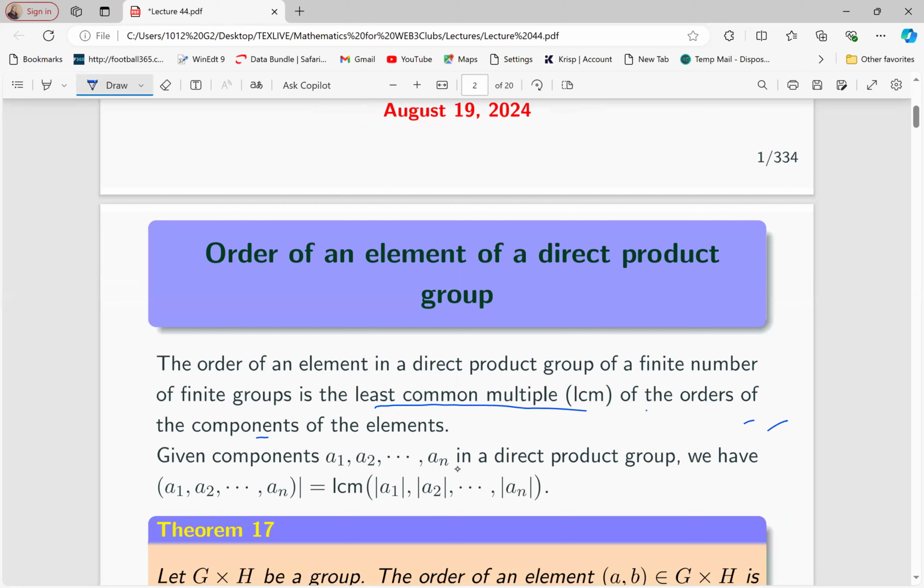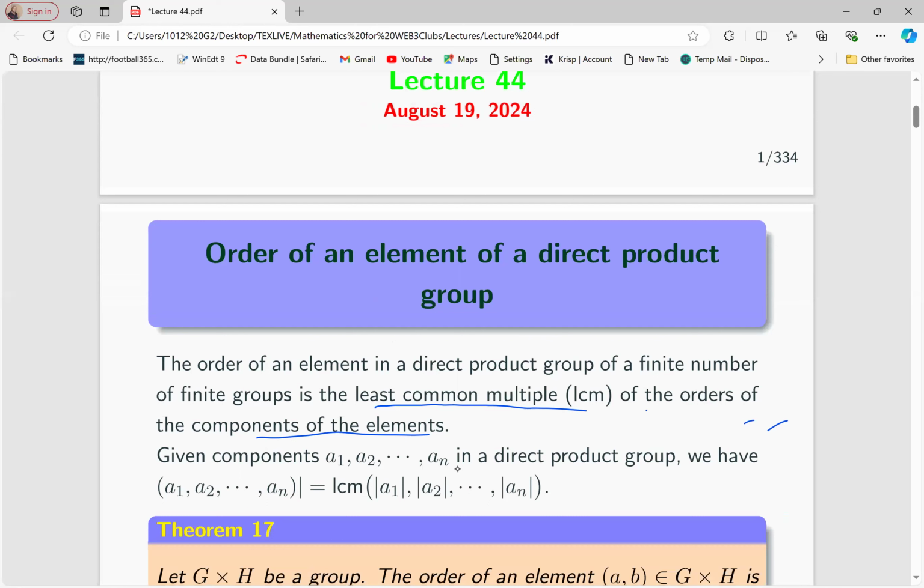Just the same way as in the examples I've been showing you, supposing I have a group Z3 cross Z star 3, which is a direct product group. I'm asking myself, what is the order of the element (A, B), which is here?